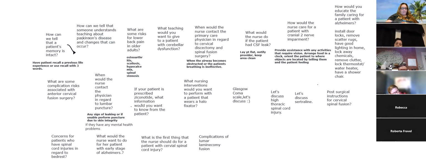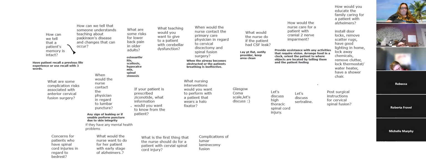Okay, so tonic-clonic seizure. Let's talk about that. So you have a patient that went into a seizure and they lost consciousness. What would you do first? Turn them on their side. Yep.